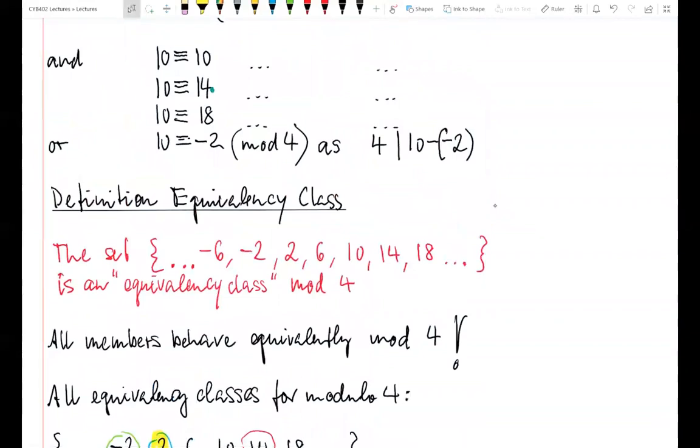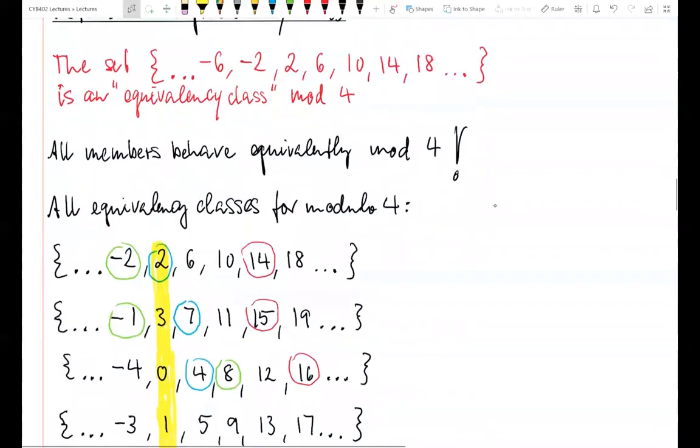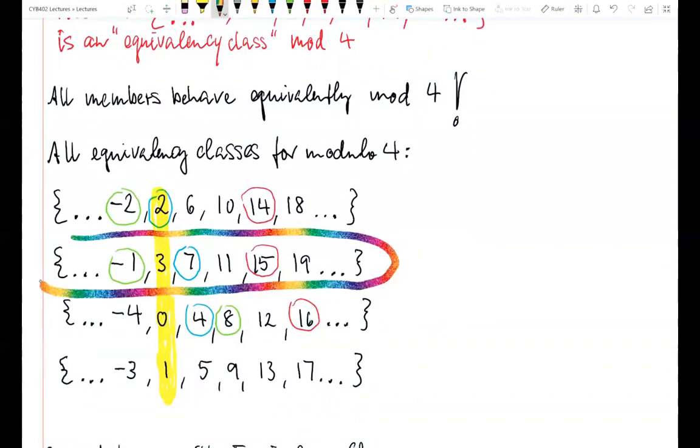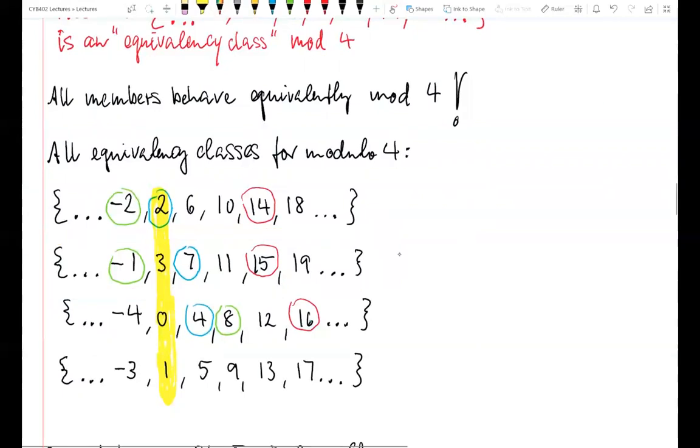So obviously, we can have different equivalency classes depending on the choice of A. So instead of an original remainder of 2, what we had so far, we may have a remainder of 3.